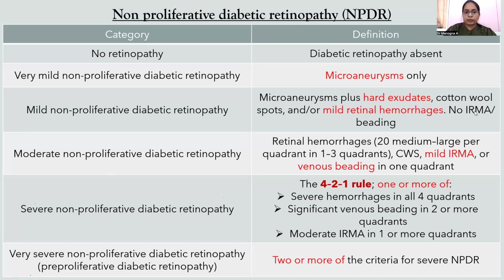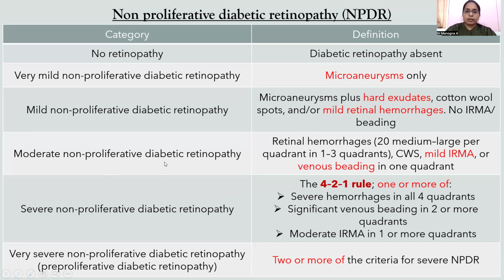Until there is occurrence of IRMA, it is always mild NPDR. Once you see mild IRMA, meaning shunt vessels, or venous beading, you classify it as moderate NPDR.